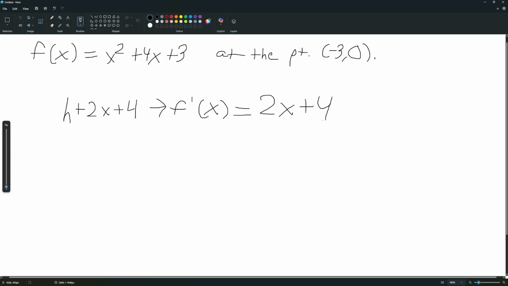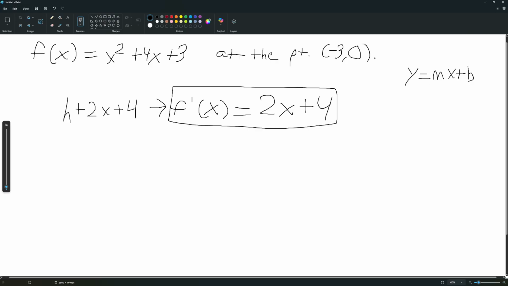Now we are looking for the line at the point -3. So what we're going to use here is the equation y equals mx plus b. First, we need to find the slope at -3, which is the derivative. So all we need to do is plug in -3 here. 2 times -3 is -6, plus 4 is -2. So we know the slope is -2.